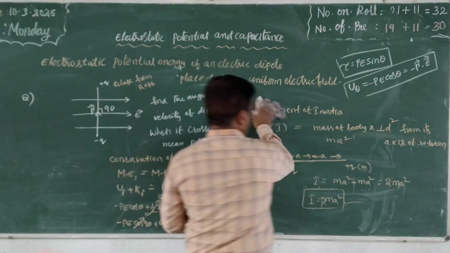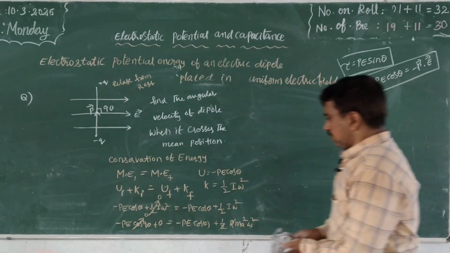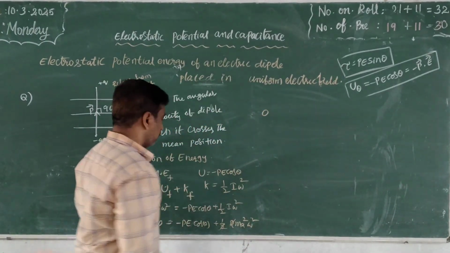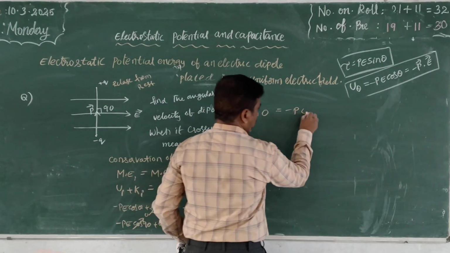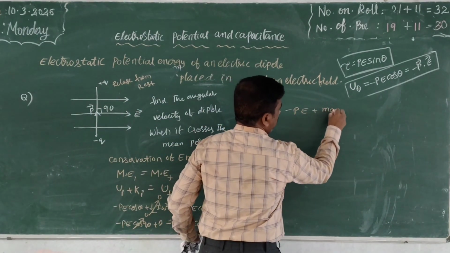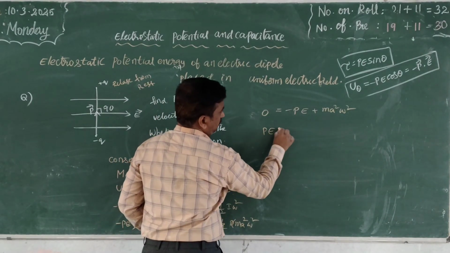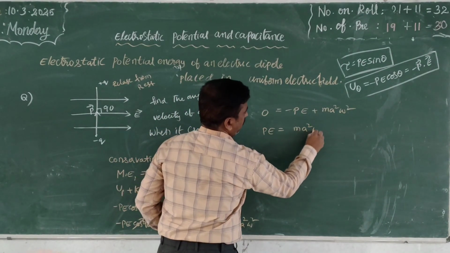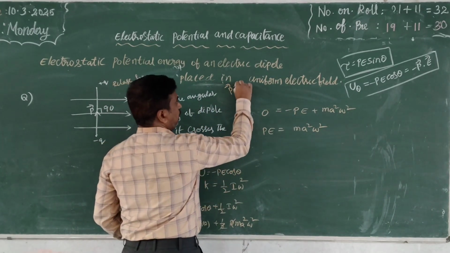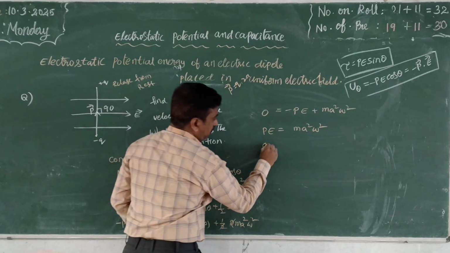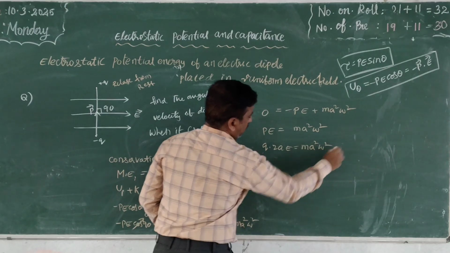So here we get 0 on this side, and on the other side minus PE, because cos 0 equals 1. So minus PE plus m a square omega square. PE changes to this side, so plus PE equals m a square omega square. P means the electric dipole moment. What is the electric dipole moment? Q into 2a. So we can write Q into 2a into E equals m a square omega square.